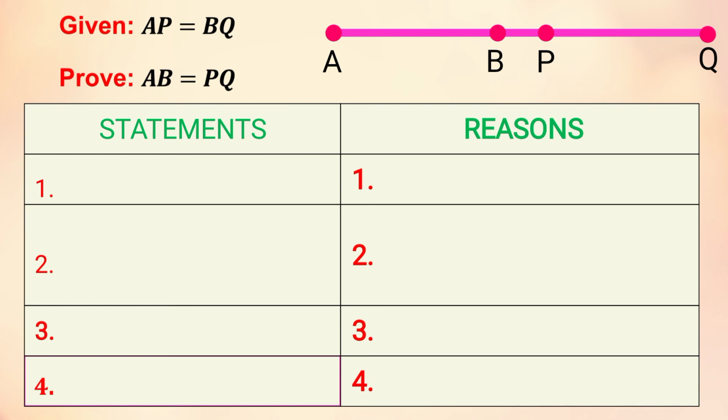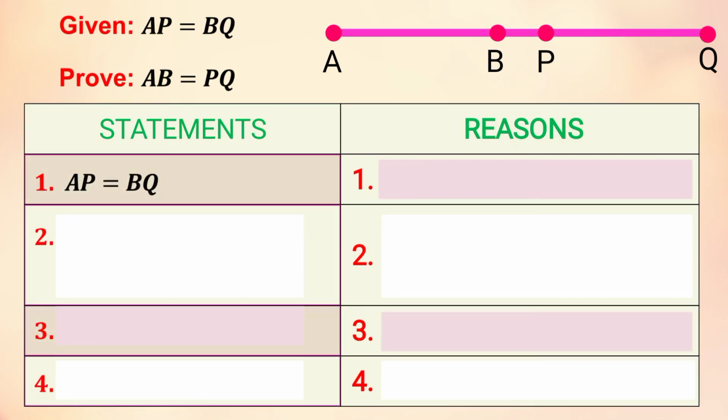So first thing to do, remember, a proof is a chain of true statements, and we need to start our proving with the given. So the first statement will be AP is equal to BQ, and the reason here is given.